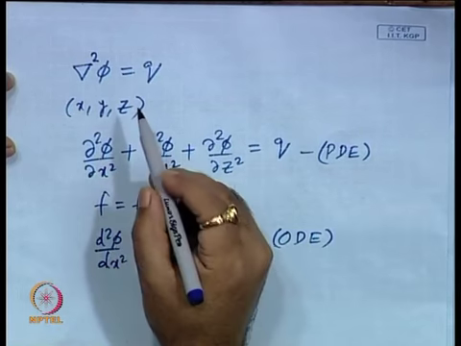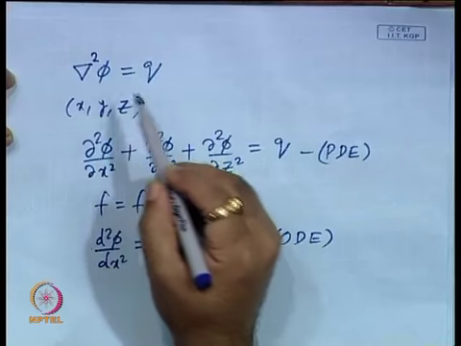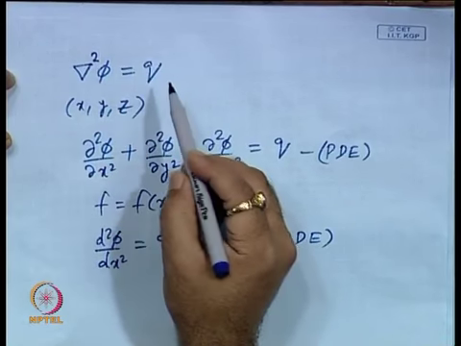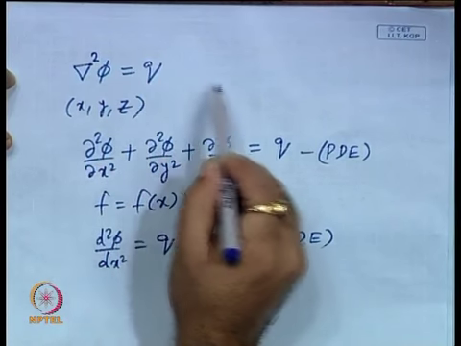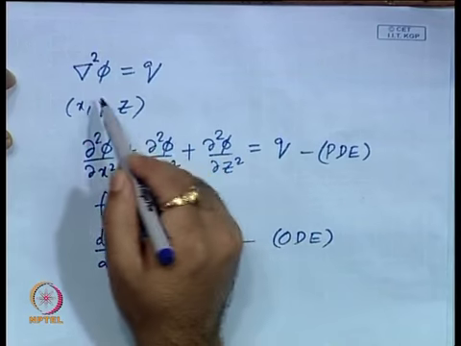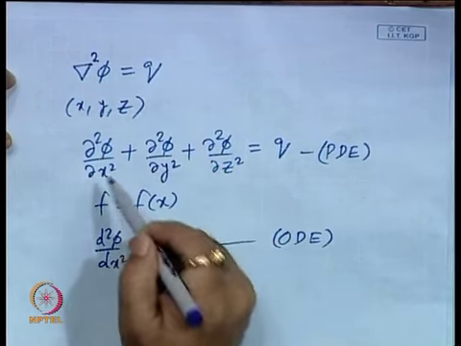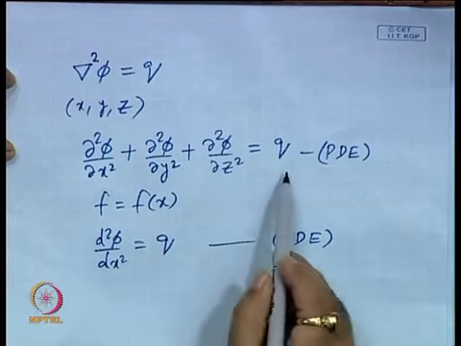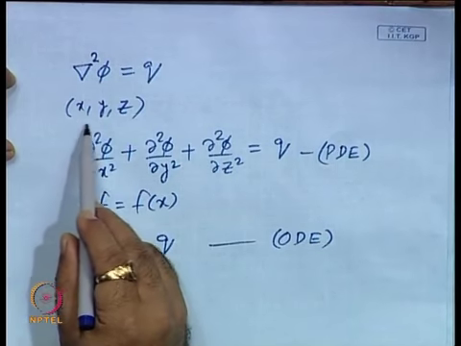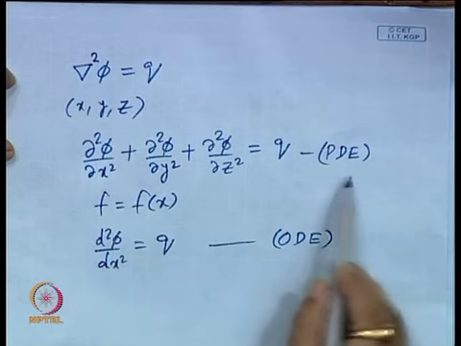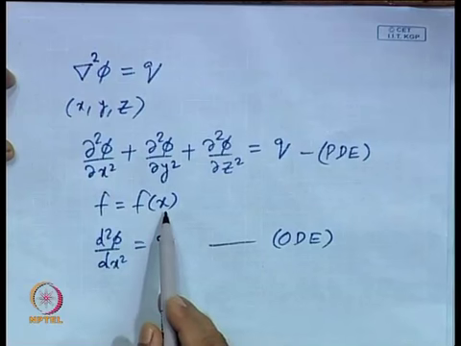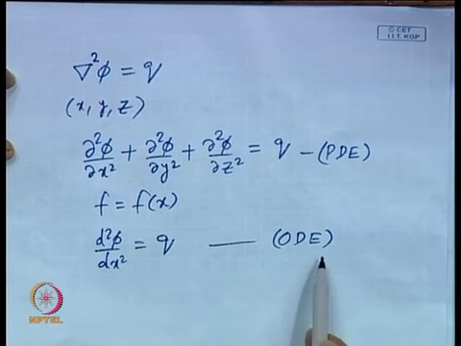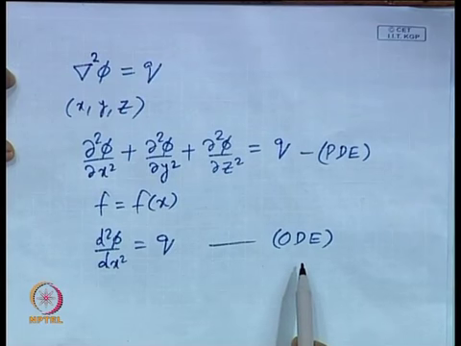That means the same physical principle, that is conservation of mass, which is represented by the Poisson equation here, depends on the coordinate system. For example, when it depends on 3 coordinates, we arrive at a PDE. When it depends on just one of the coordinates only, then we arrive at an ODE.